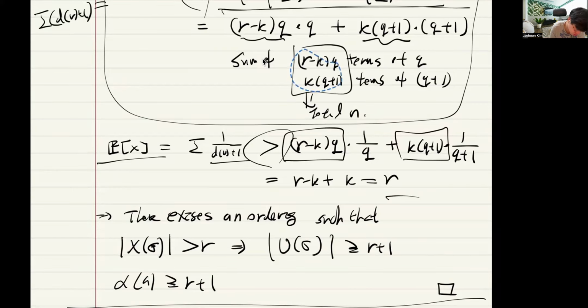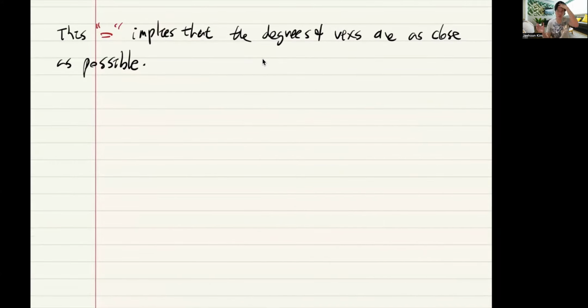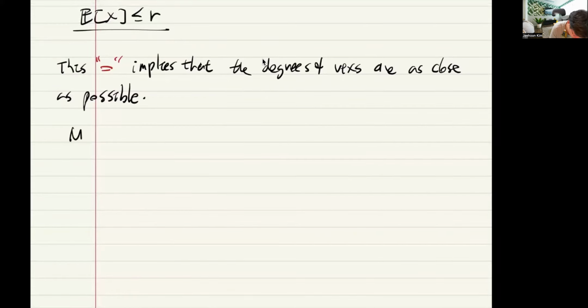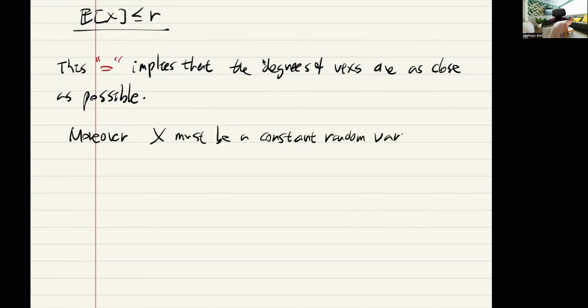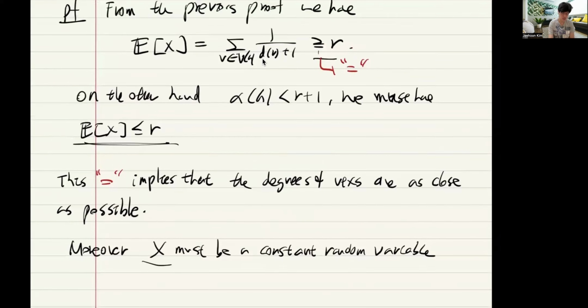So all the degrees are q or q plus 1, with that many vertices of degree q and that many vertices of degree q plus 1. Moreover, what do we know? X must be a constant random variable, so its expectation is r, exactly r. In other words, the average of the number is r.